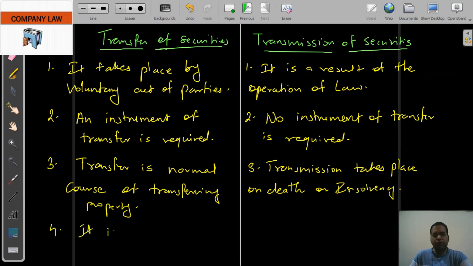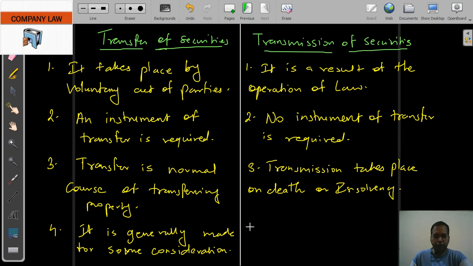Transfer is generally made for some consideration. It is not always free of cost like a gift. Consideration amount should be involved. But is there any consideration amount in transmission? No, it is not required.